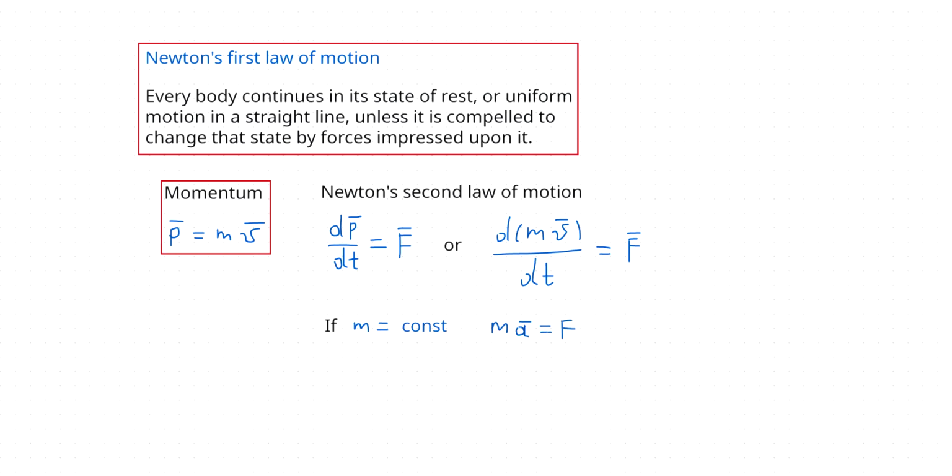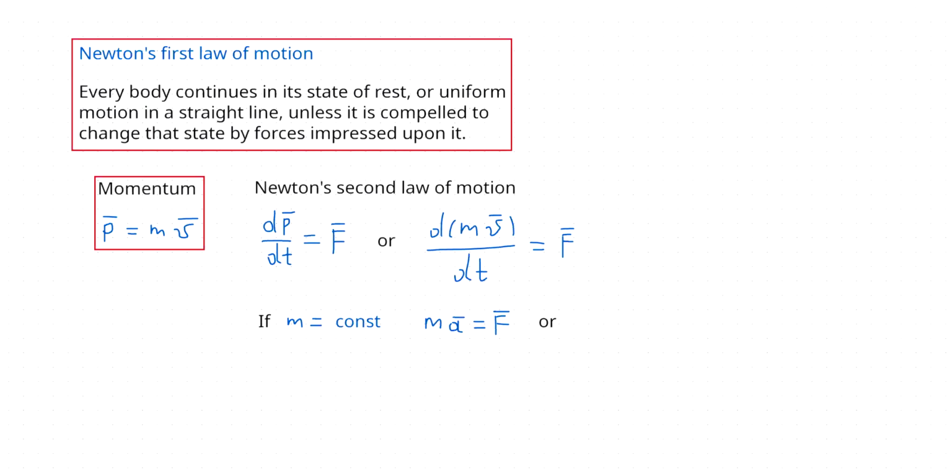Here we have vectors, of course. A is acceleration, that is the first derivative of velocity, dv divided by dt.